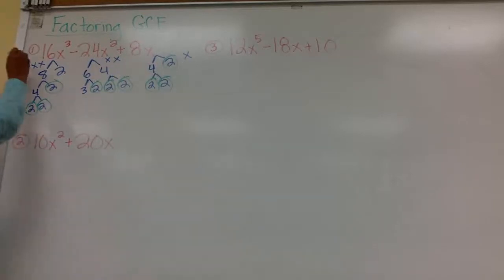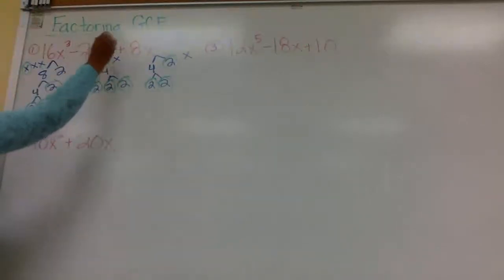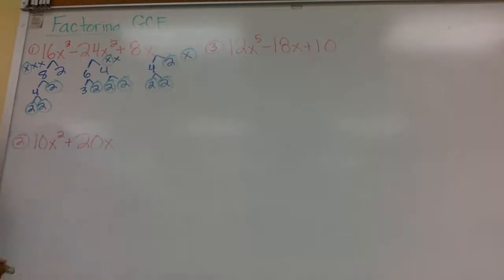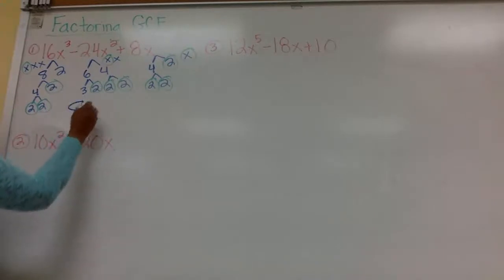They also each share an x. So that greatest common factor is 2 times 2 times 2 times x. So the greatest common factor is 8x.